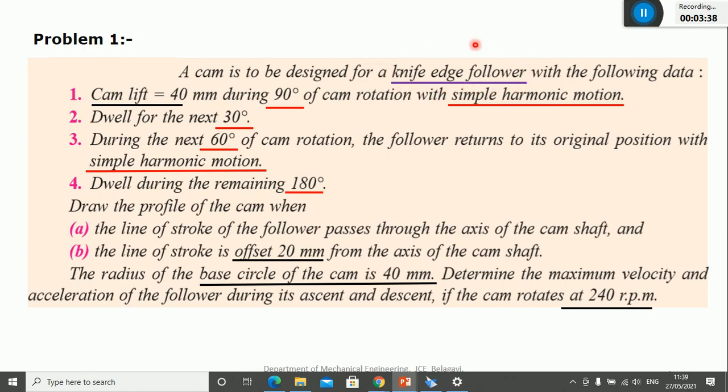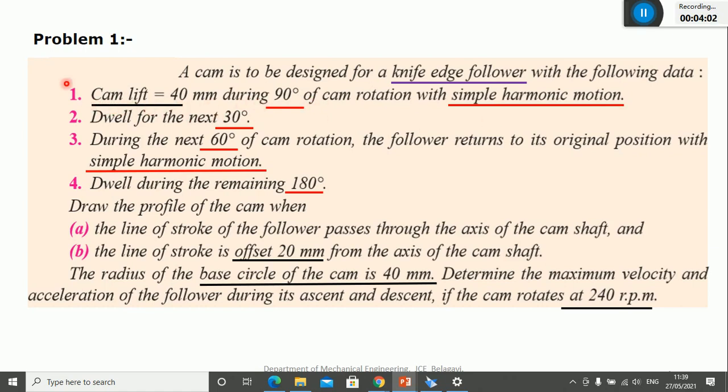And with the following data, the first data is cam lift equal to 40 mm. First I'll read out the problem, and in the next slide I'll list out the given things. A cam lift of 40 mm during 90 degrees of cam rotation with simple harmonic motion. This is the outstroke.